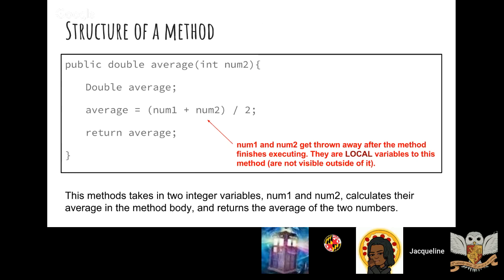However, if num2, instead of being an int, was, for example, an array of ints, if we were to change any of the values inside that array, then those changes would be permanent and would still be in effect once the method returns. And that's where it depends on whether your method takes in primitives or objects as parameters.